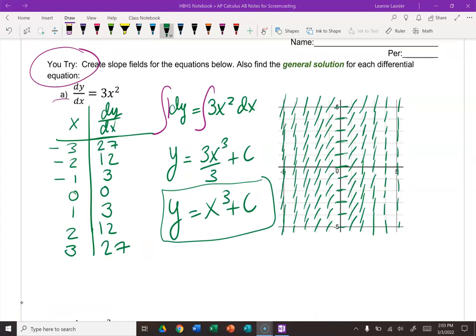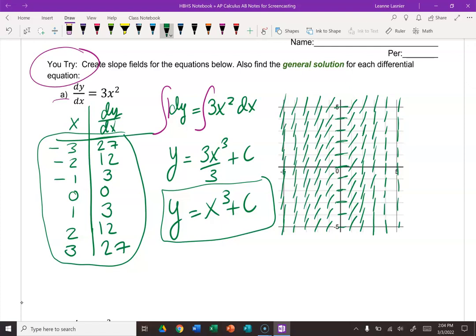Okay, so here are the slope field values I got for the first try. I only went to -3 because the slopes were already getting so steep that I figured there's really no point in finding what they actually are at -4 and -5, because they're just going to almost look like vertical lines.